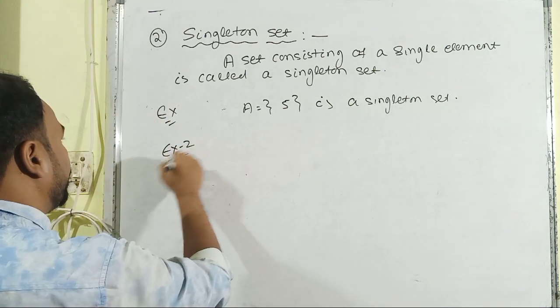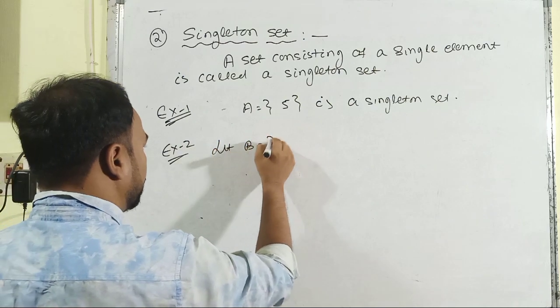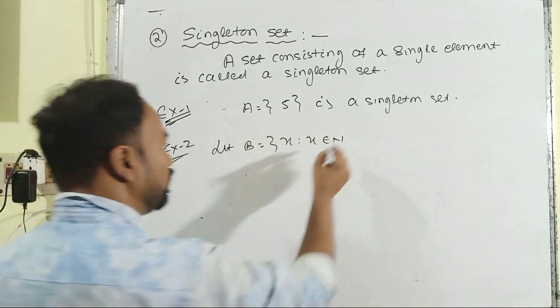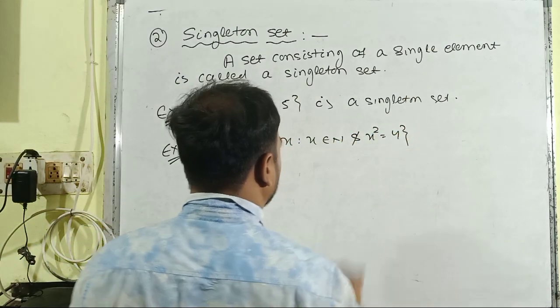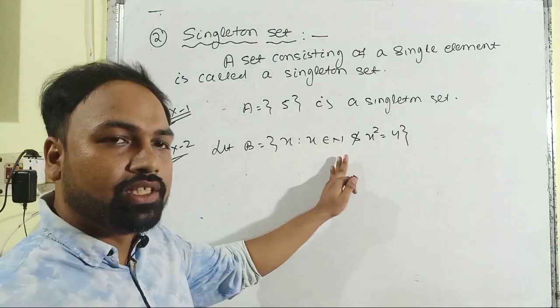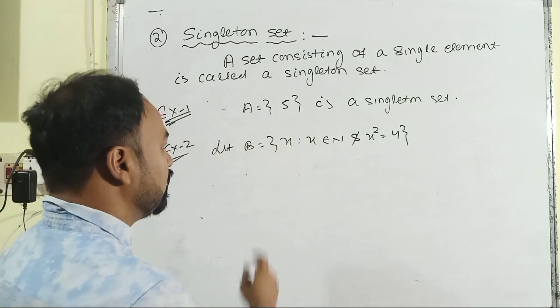Example number 2. Let V be the set of x such that x belongs to N and x square is equal to 4. We have to prove that it is a singleton set.